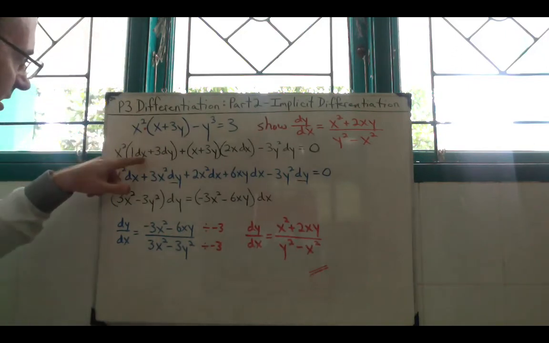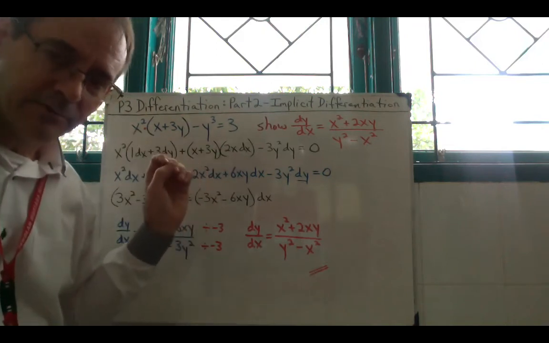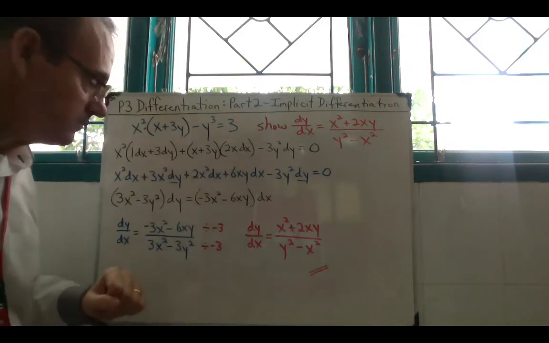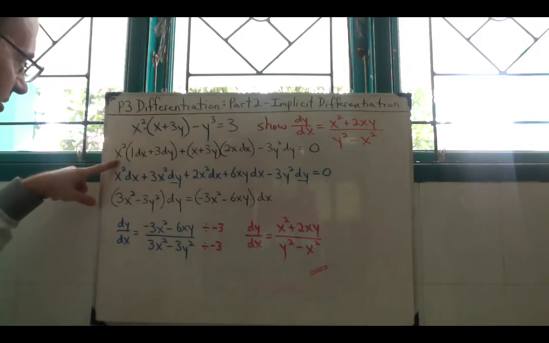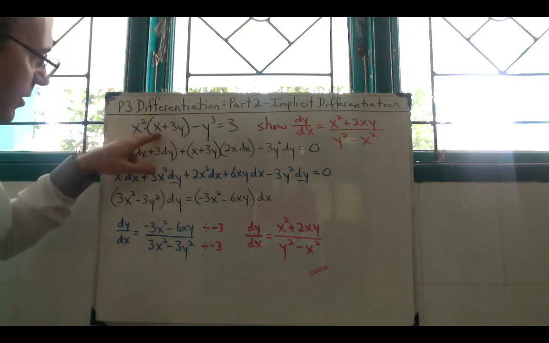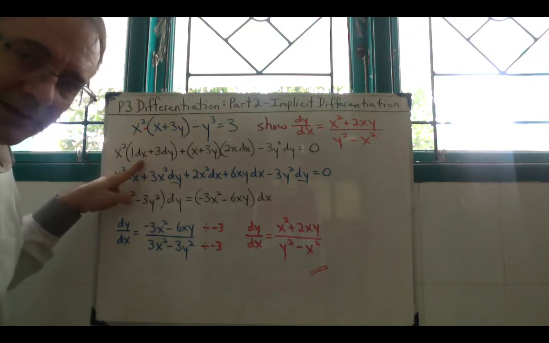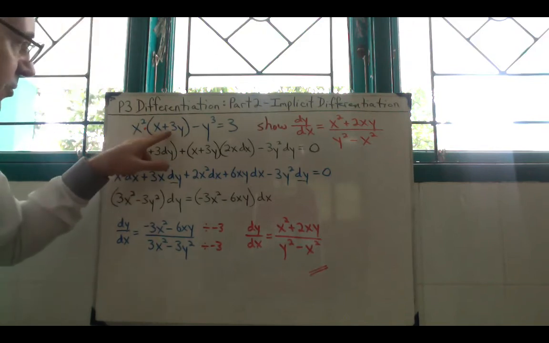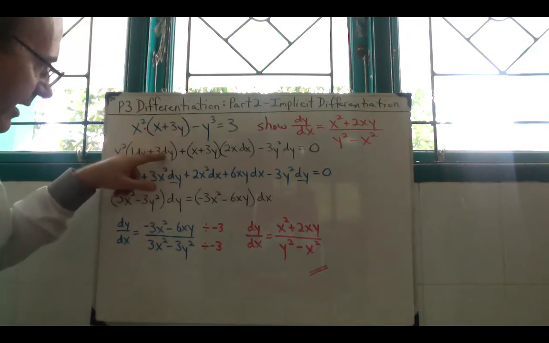So 1d2 plus 2d1. Don't forget the rule, it's in your formula sheet. So 1d2: x squared is the first term, then the derivative of the parentheses. The derivative of x is 1 dx. Don't forget the differential. Then the derivative of 3y is plus 3 dy.